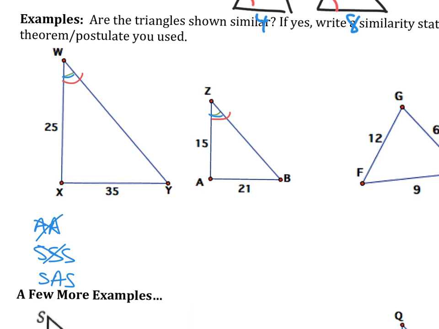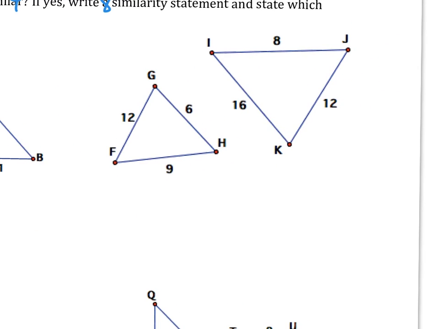If I were to write this out, this would be ASS. Ha ha. So that's not side, angle, side. In this case, we basically say, no, we cannot show that the triangles are similar. That's the way you've got to think in your head. Think of a little checklist.